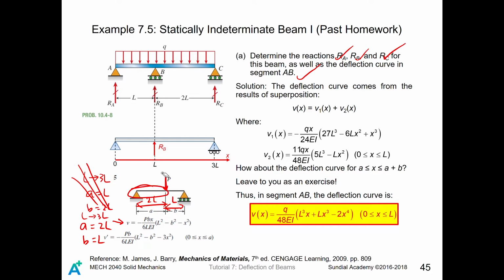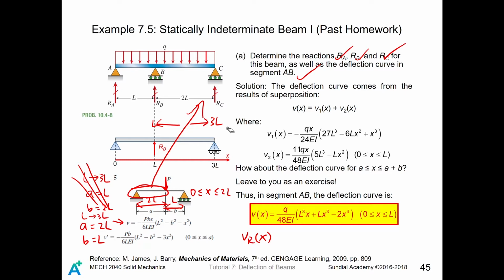Then after you get the deflection curve, say V on the right span X. However, as you can see, this deflection curve is still located between 0 and 2L. But actually this 2L corresponds to the region from L to 3L. So this deflection curve corresponds to this domain from L to 3L.